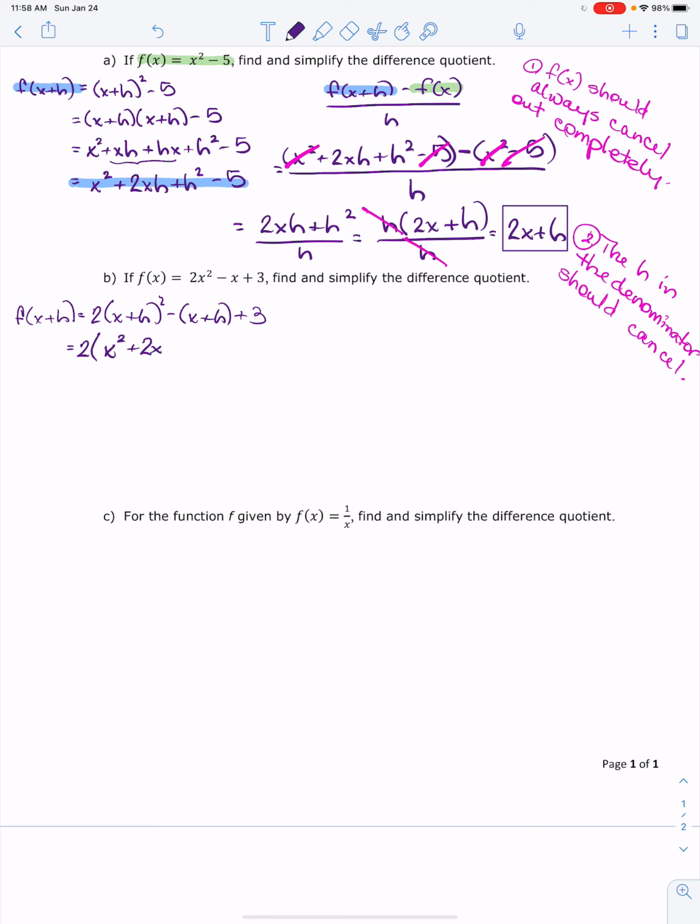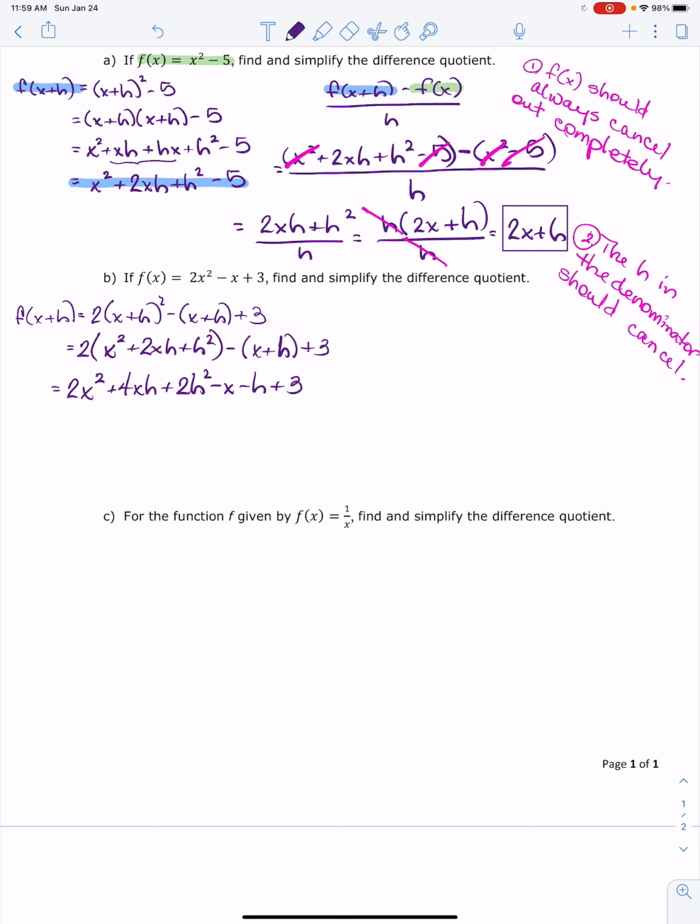It's going to look the same every single time. And then I'm going to go ahead and distribute: 2x squared plus 4xh plus 2h squared minus x minus h plus 3. There's my f of x plus h.